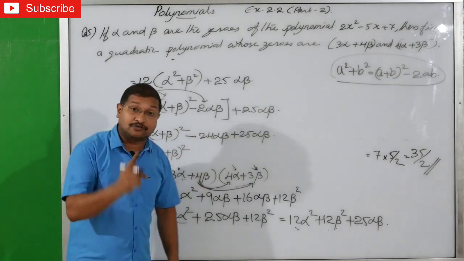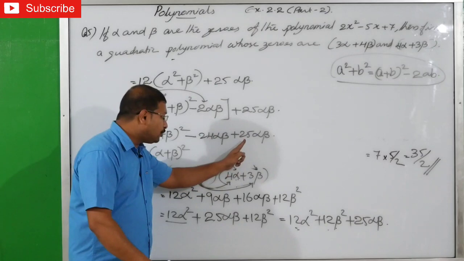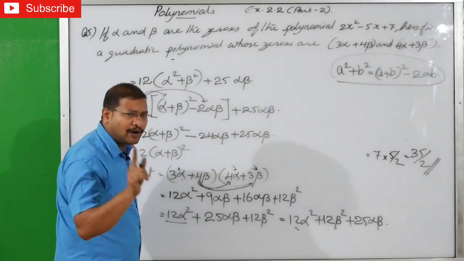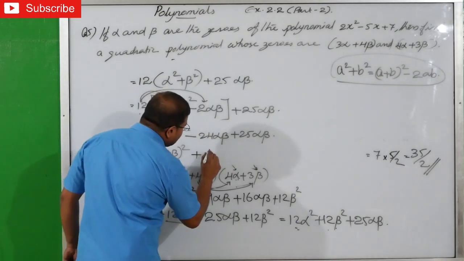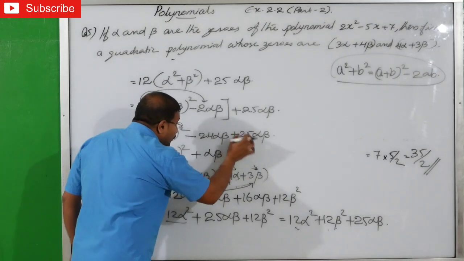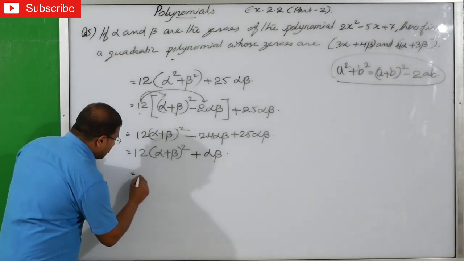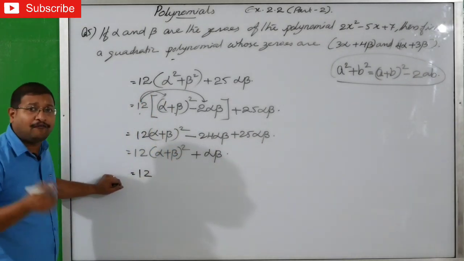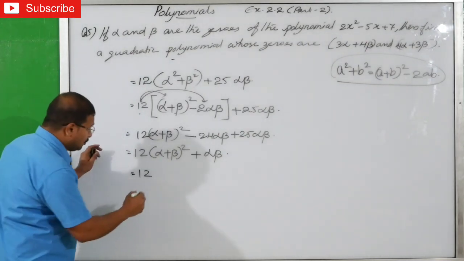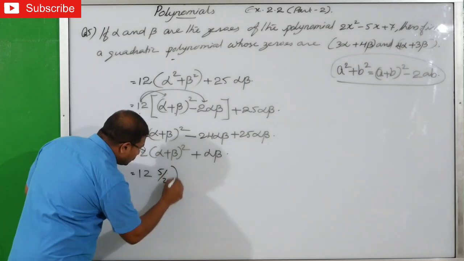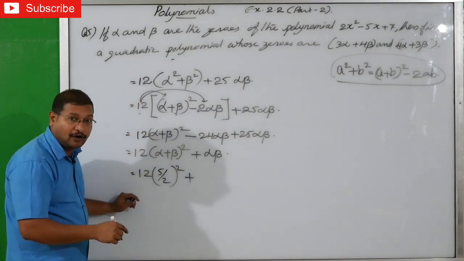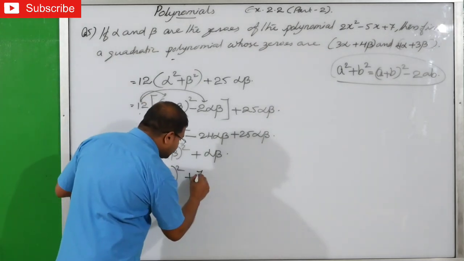Now minus 24 and plus 25 gives 1 alpha beta, plus alpha beta, because the bigger number is 25, so it is plus. Equals 12 into, what is the value of alpha plus beta? 5 by 2, isn't it? So we write 5 by 2 the whole square plus alpha beta, which is 7 by 2.